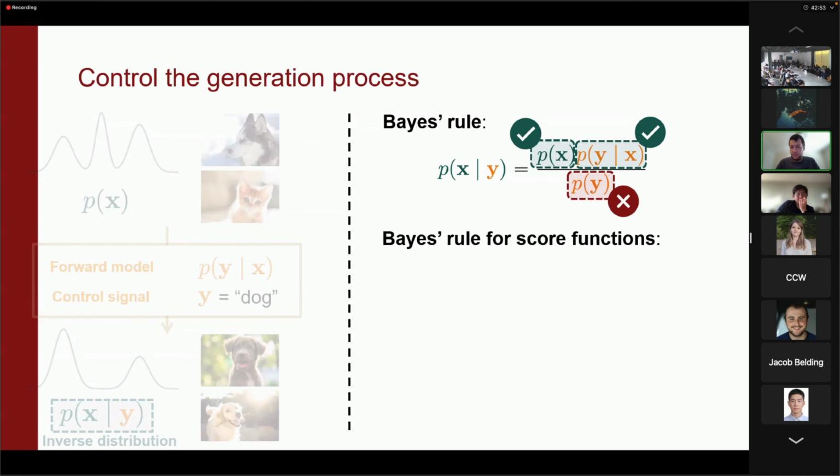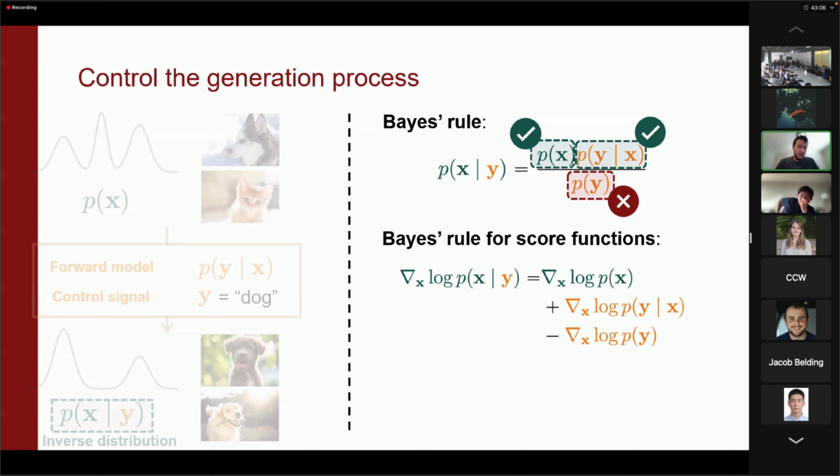But if we look at what Bayes' rule tells us in terms of the score functions, once again, the denominator disappears. If you just take the log of the expression that I have here, you get that the log of the left-hand side is equal to the log of the prior plus log of the likelihood minus log of the denominator.